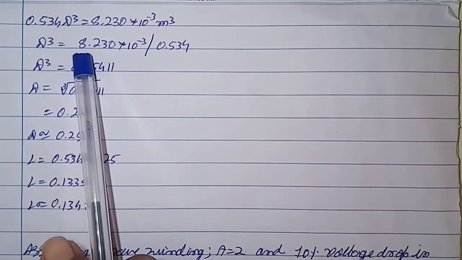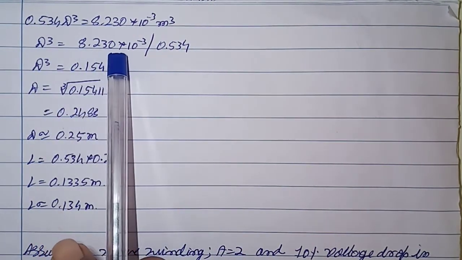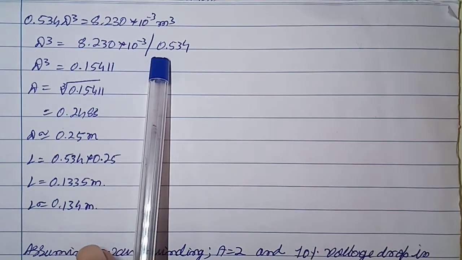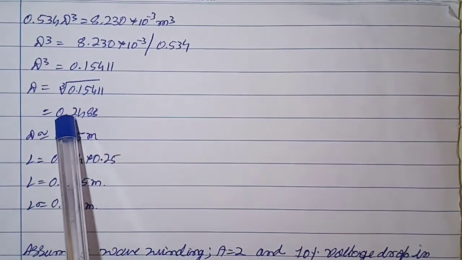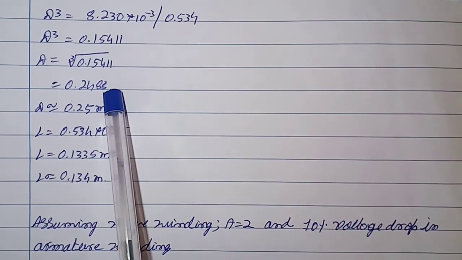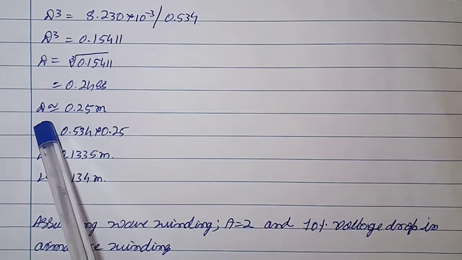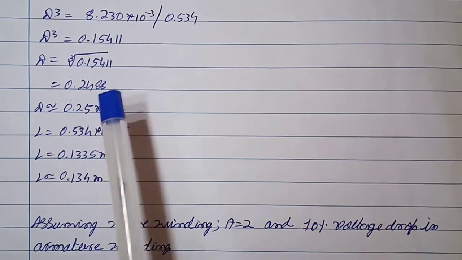So D cube is equal to 8.230 into 10 raised to minus 3 divided by 0.534. The D value that we get is 0.2488 meter, approximated to 0.25 meter.